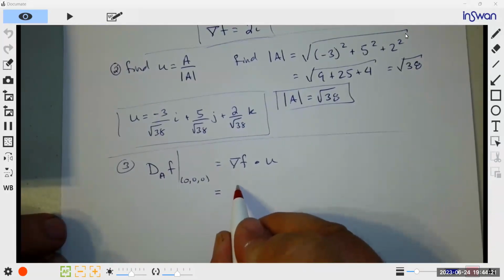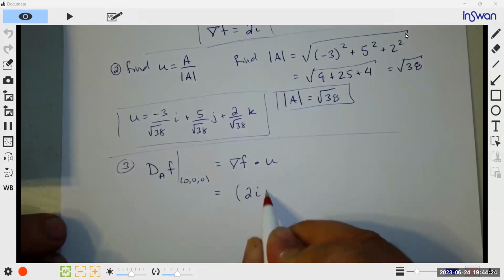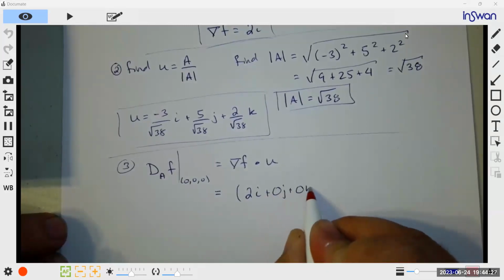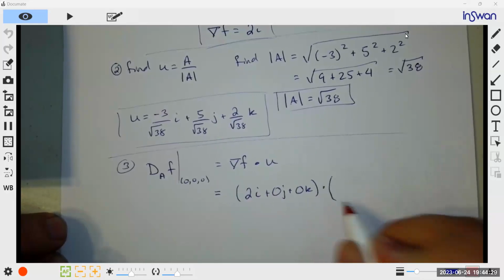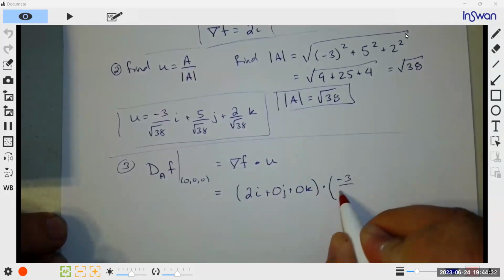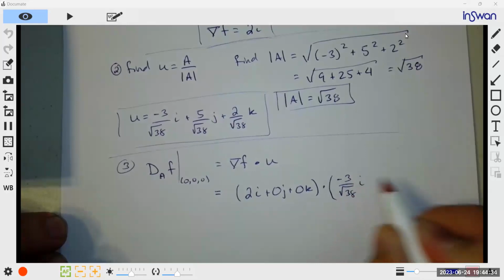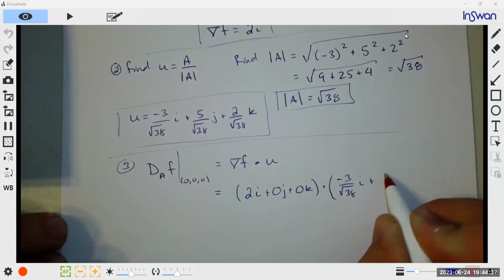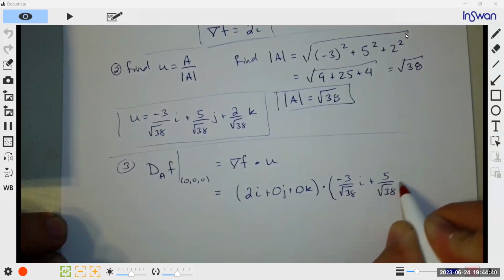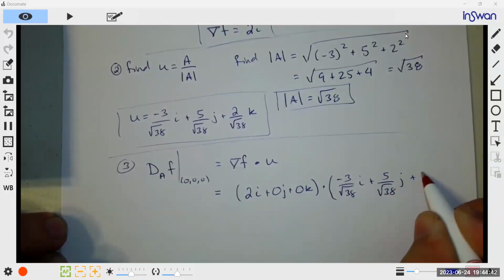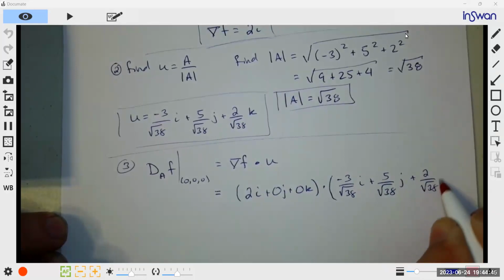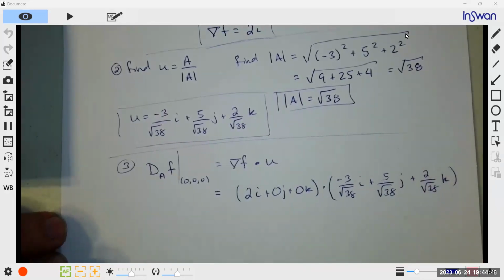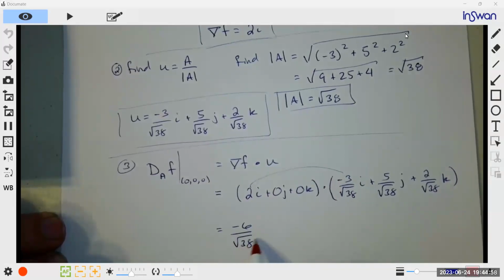Del f is 2i plus 0j plus 0k dot -3 over radical 38 i plus 5 over radical 38 j plus 2 over radical 38 k. Two times -3 is -6 over radical 38.